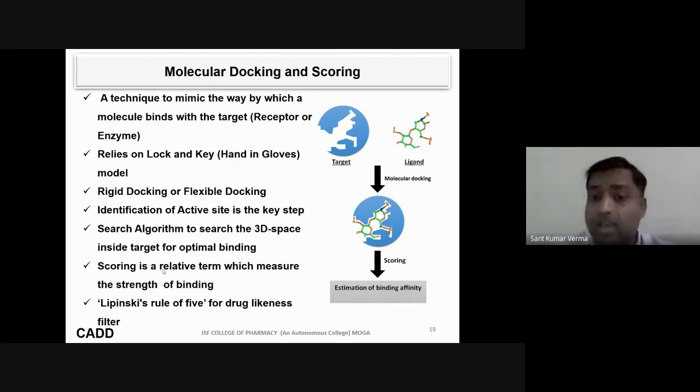There are two approaches of docking, which are rigid docking and flexible docking. Flexible docking is more appropriate because our receptors, enzymes and macromolecules in the body are not rigid, they are flexible.